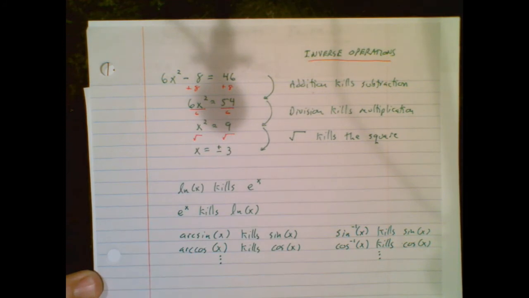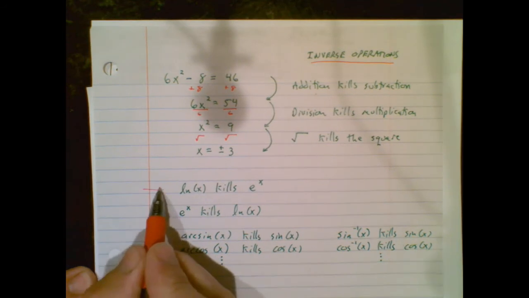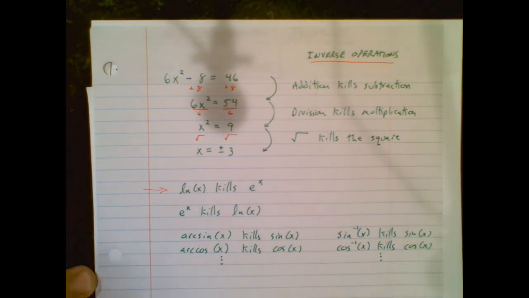So this just comes naturally to you because you're darn good at algebra solving equations now, but you're always using inverse operations. Some ones that you learned later in your algebra life are natural log and e to the x. They're inverses of each other, so they kill each other in an equation. Well, when you're using trigonometric equations, you have to use the inverse trig functions.